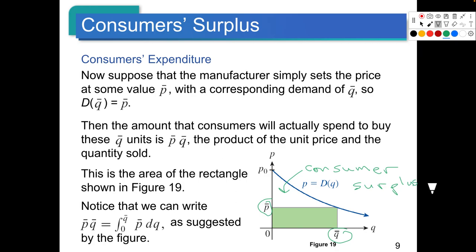Notice it is the area, it's not the green area, the green is the revenue we got, and we could calculate that, but the questions are going to ask us to calculate this consumer surplus. Notice it's the area between the demand curve, D of Q equals P, and this function, the average price.